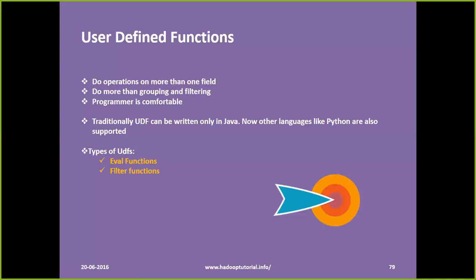But there are some scenarios where you might need to go for some eval functions or some filter functions. So let's see these two types of user-defined functions, keeping the load store user-defined functions aside.